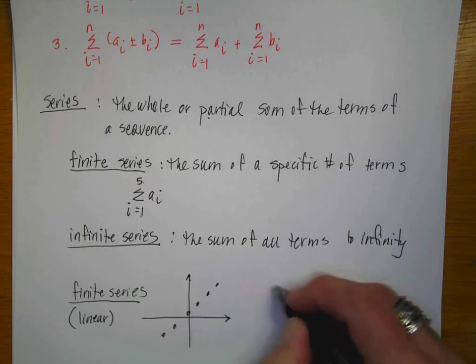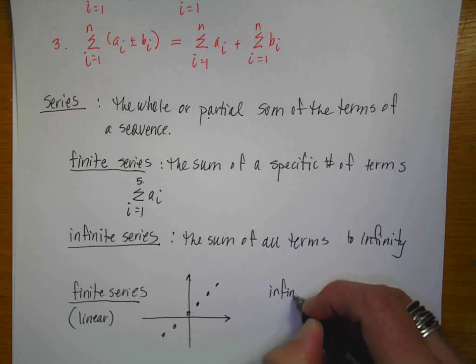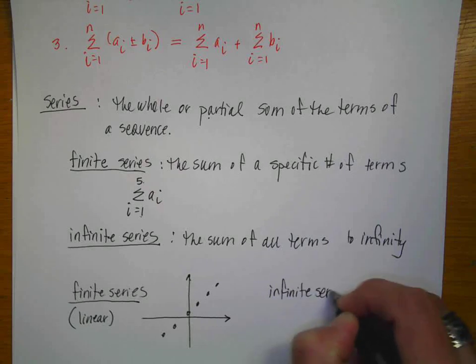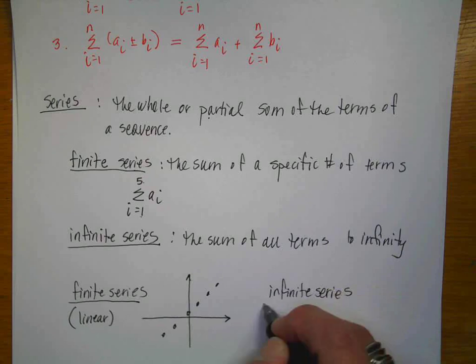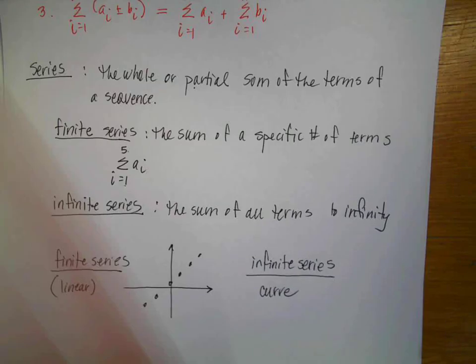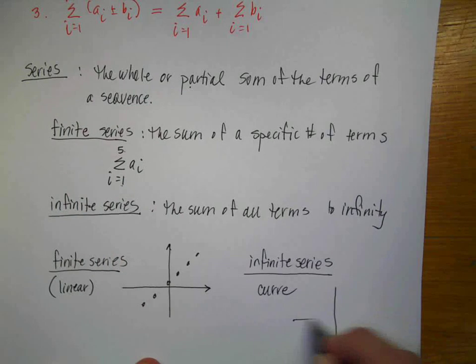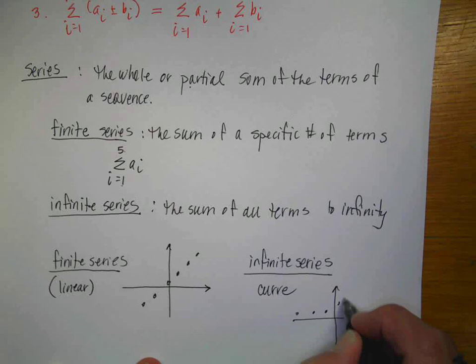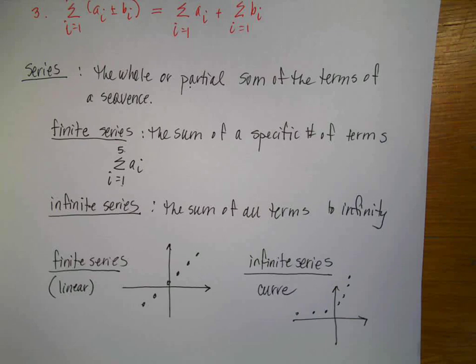It's only the finite data points, right? An infinite series is going to be a curve. And specifically, the curve is often going to look like an exponential growth function. So that's going to be an infinite series.